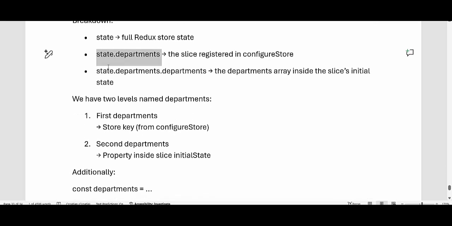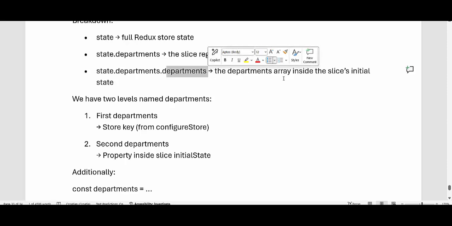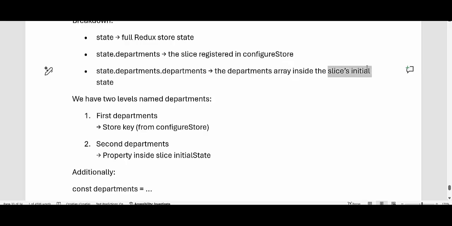And state departments, the departments array inside the slice initial state. Very, very complicated for a beginner. Very, very, very complicated.